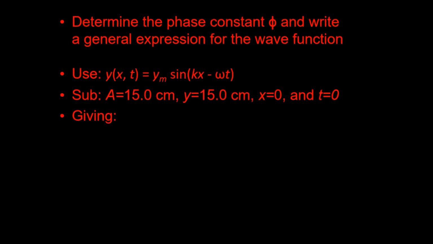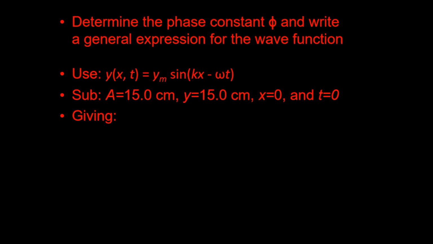The other thing we can look at is phase constant. The phase constant phi is really telling us at what phase our wave is at. And we can write a general expression for our wave function of y equals ym sine kx minus omega t. We're going to generalize this even further.